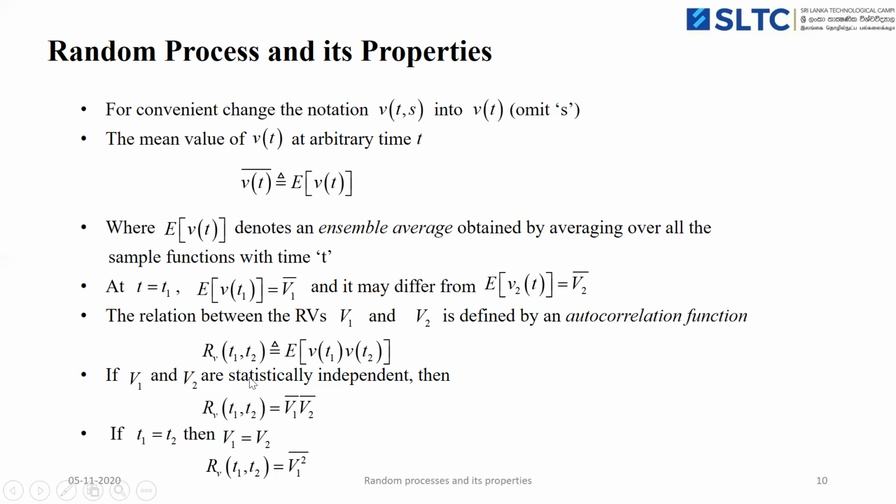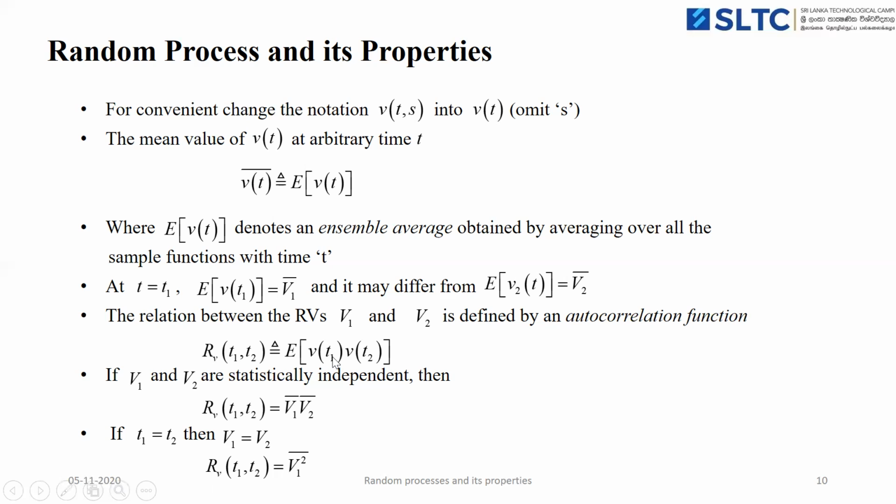If V1 and V2 are statistically independent, then the autocorrelation function of these two random variables is the product of the mean of each random variable, that is V1 bar, V2 bar. Here, please understand the notation.